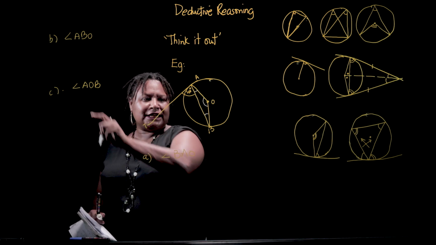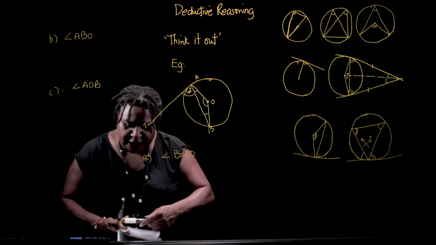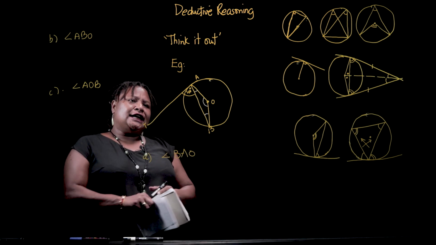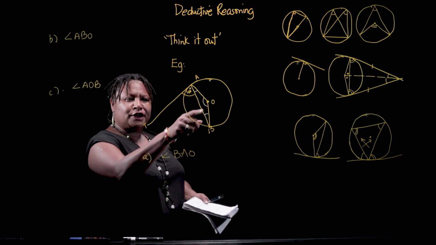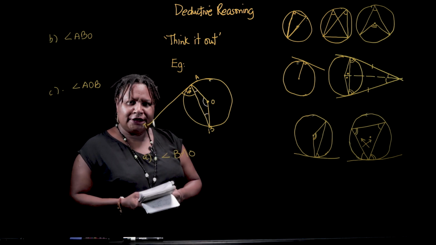And then the last one is AOB at the center. All right, so it looks like we are looking for the angles in the triangle formed by the two radii and the chord AB.